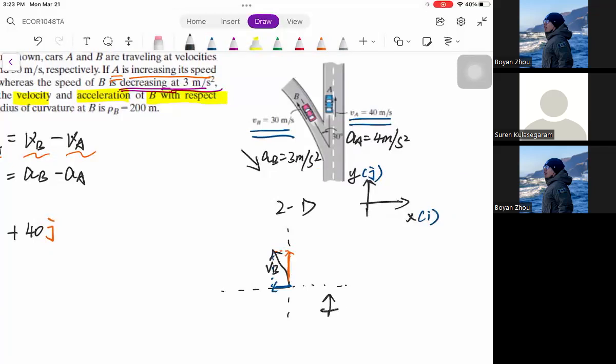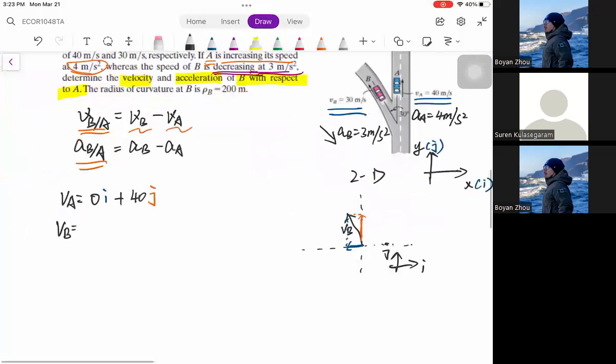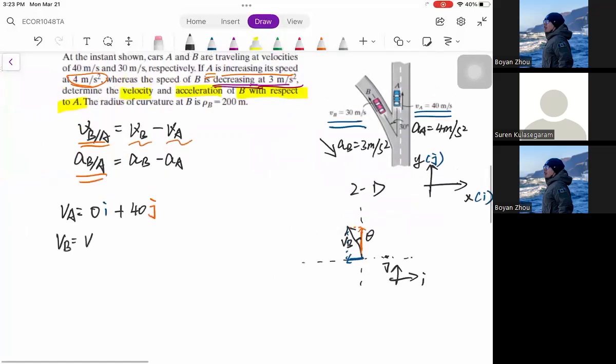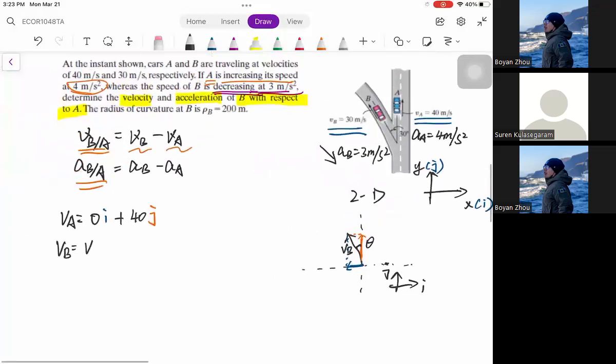And always remember, going to the right is the positive direction, and going up is also the positive direction. So for VB, we can see the I component is a negative value. This one is theta, how big is theta? 30 degrees.